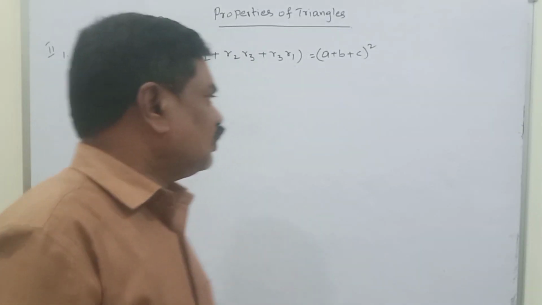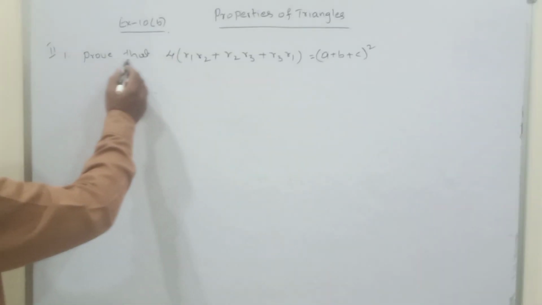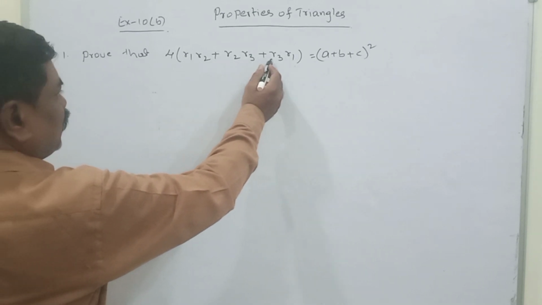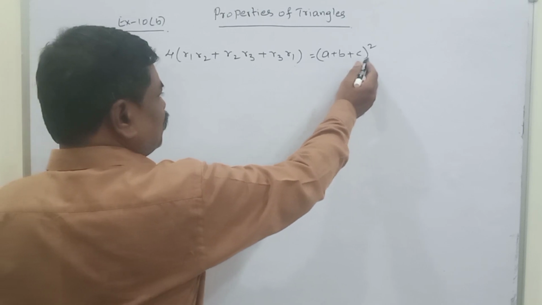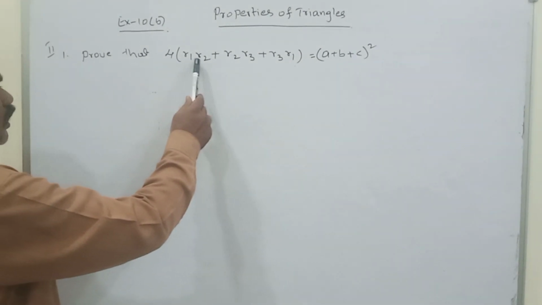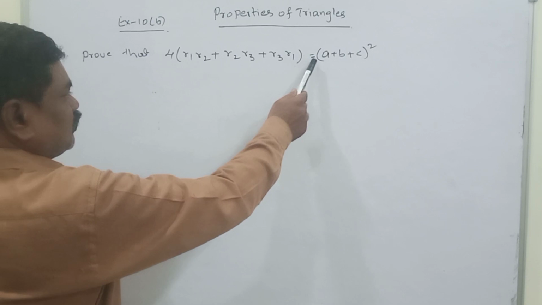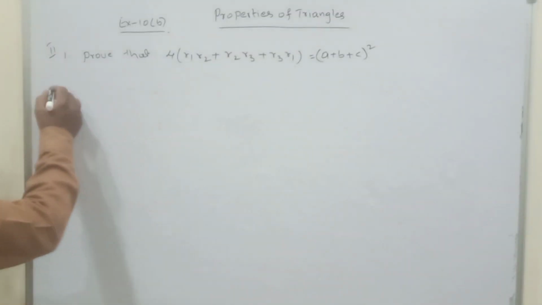Second section, first problem. Here it is given: prove that 4(R1R2 + R2R3 + R3R1) is equal to (a + b + c) whole square. We have to prove 4(R1R2 + R2R3 + R3R1) is equal to (a + b + c) whole square.